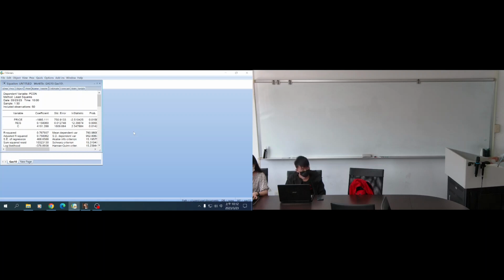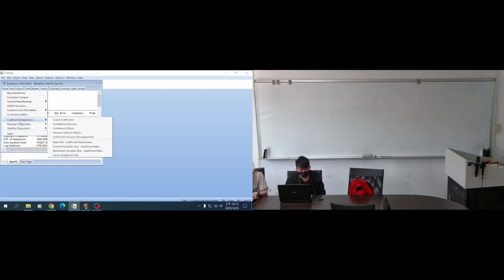You need to have this model output first. Then go to View, then Residual Diagnostics, and find the sub-function Heteroscedasticity Tests.